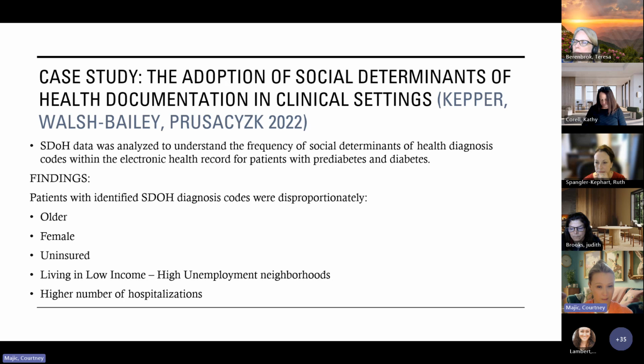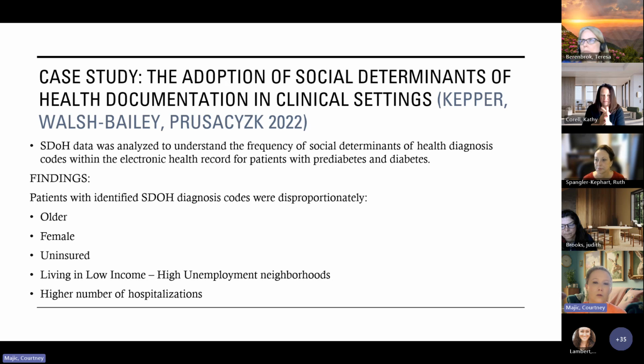So they did a case study, and after they looked at all of their data, they analyzed those social determinant of health conditions that the physicians and providers did document. And the findings showed that patients with the diagnosis code were older, female, uninsured, living in low income and high unemployment neighborhoods, and had a higher number of hospitalizations overall.